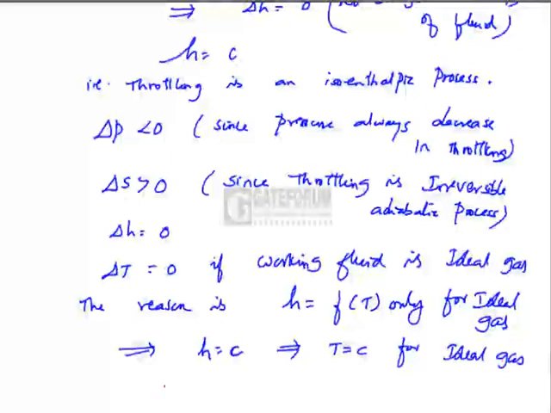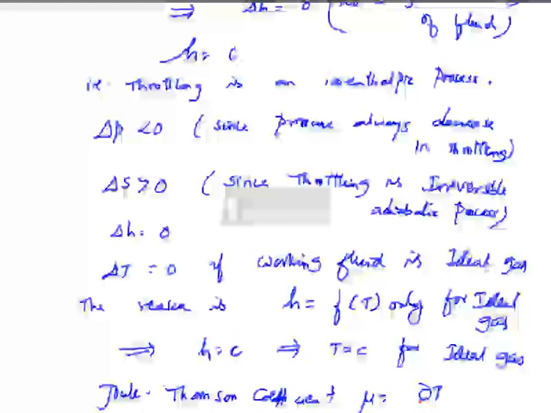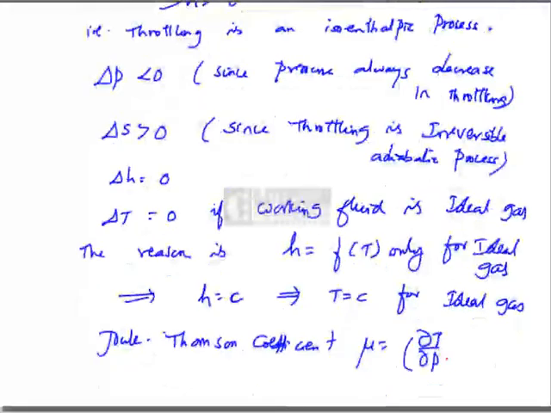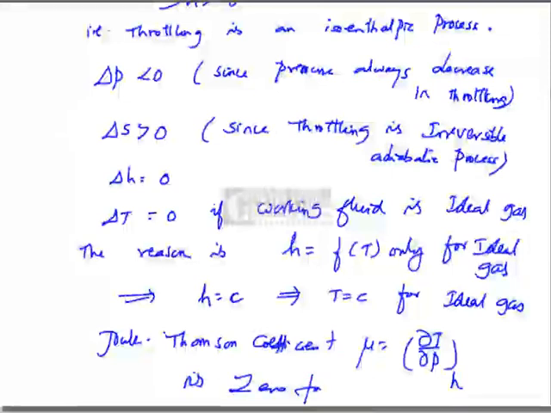That is why Joule-Thomson coefficient defined as dou T by dou P at constant H is 0 for ideal gas or perfect gas.